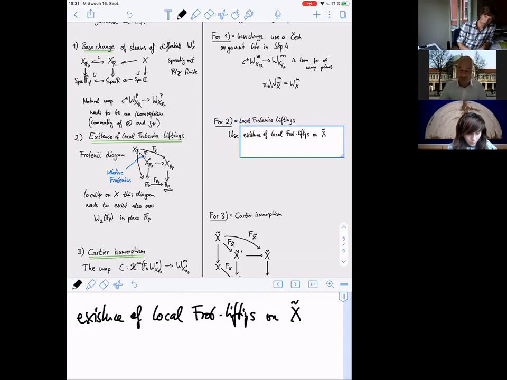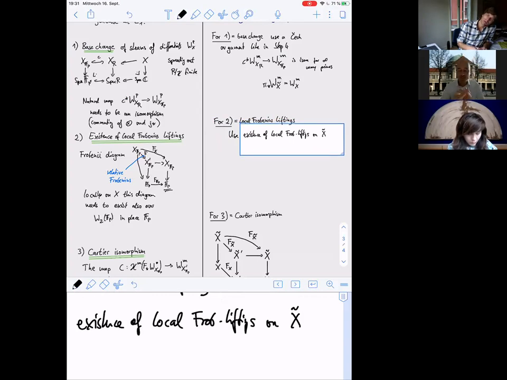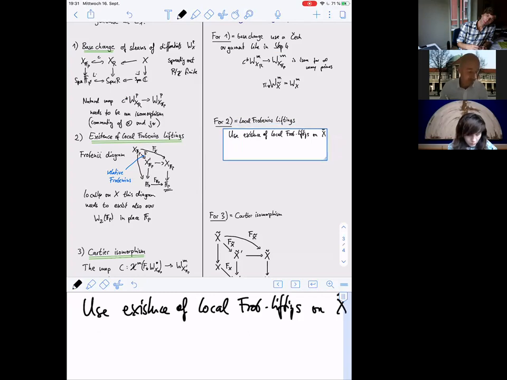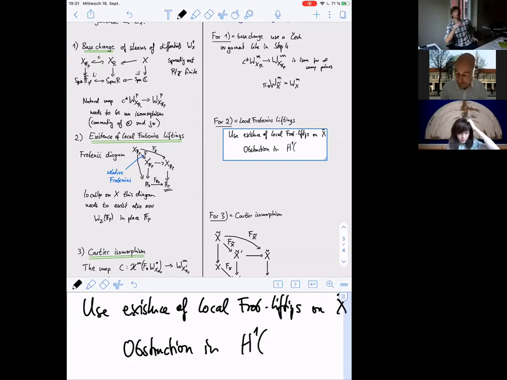Can we glue those local liftings upstairs in order to have a global lifting on the space X tilde, in order to then push it downstairs? And the answer is yes, because the obstruction to gluing the Frobenius lifting upstairs lies in a group that we really control. The obstruction is in the first cohomology group of X tilde with the derivations.